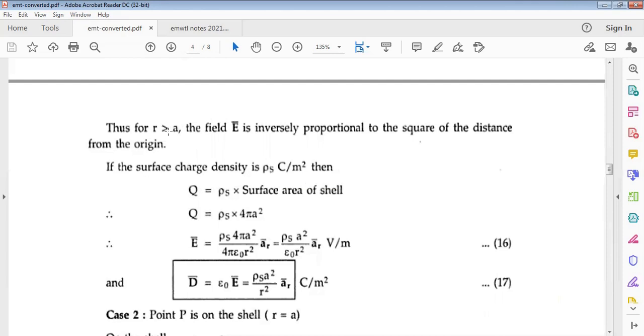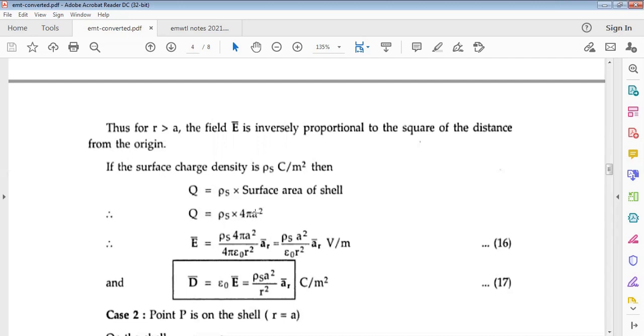When we consider r greater than a, it's inversely proportional to the square of the distance. What is the surface area of the shell? It is 4π r², and that r we are taking as a here, since the shell radius is a. So 4π a², so ρ_S into 4π a².